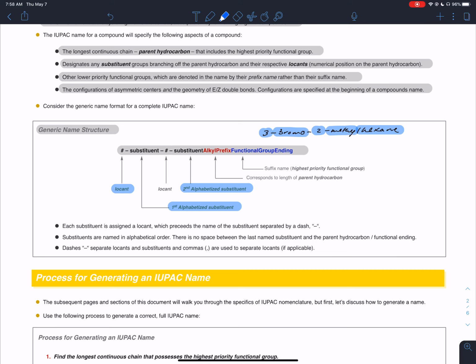3-bromo-2-methylhexane. Okay, so let's talk about this alkyl prefix for a second. The alkyl prefix essentially corresponds to the length of the parent hydrocarbon chain. Here that prefix is hex, indicating that there are 6 carbons in the parent hydrocarbon chain, that longest continuous chain in the compound.